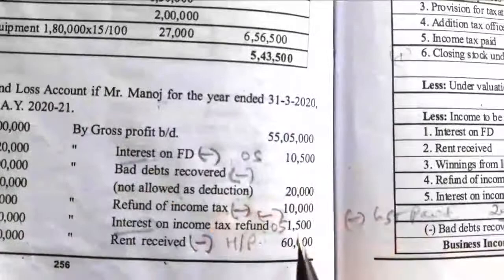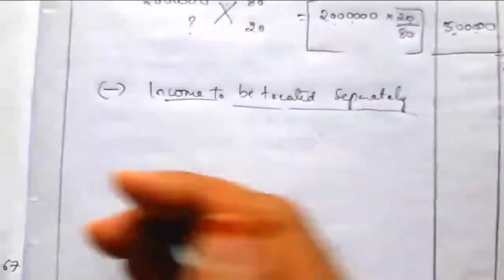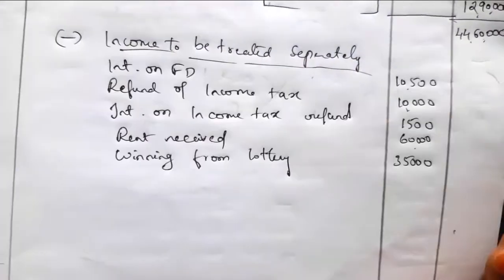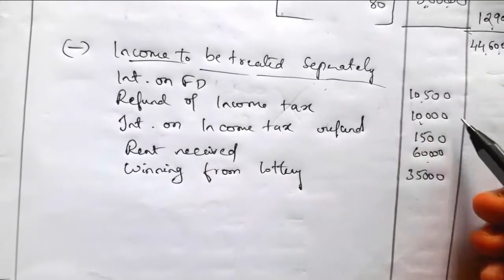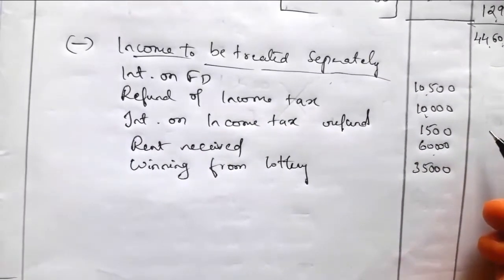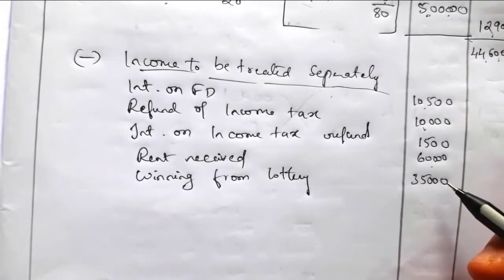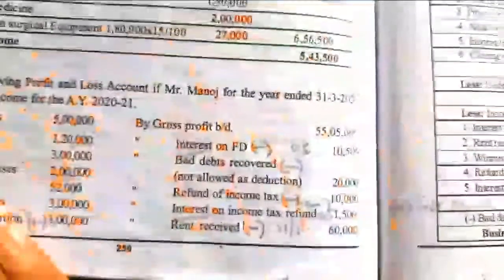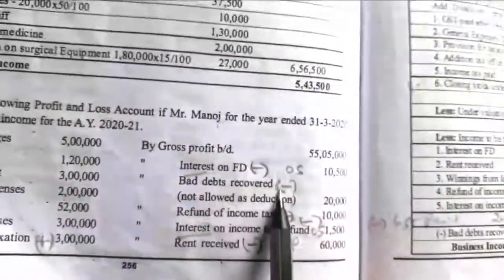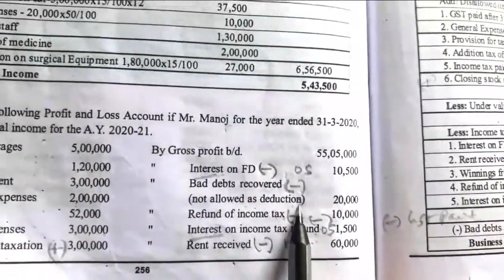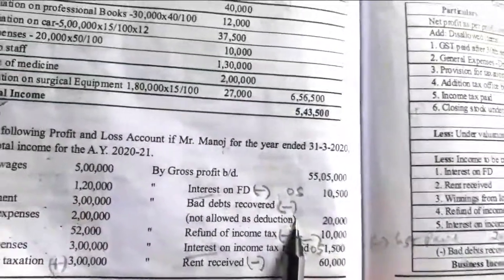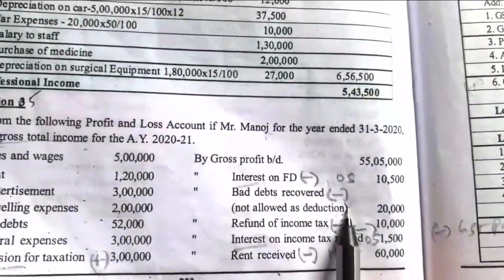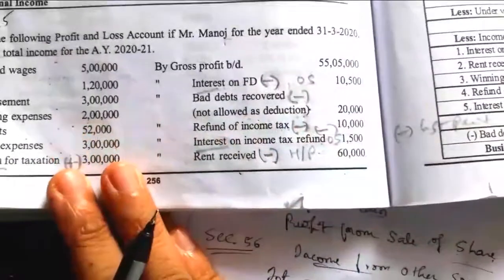We will write one by one. Interest on FD 10,500, refund of income tax 10,000, interest on income tax refund 1,500, rent received 60,000, winning from lottery 35,000. All the values have been recorded excluding the bad debt recovered, which will be deducted at the end after calculating all.